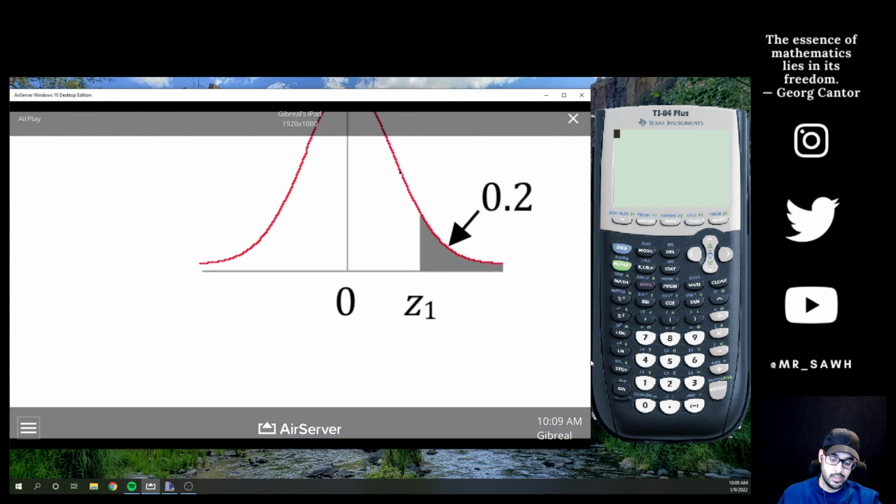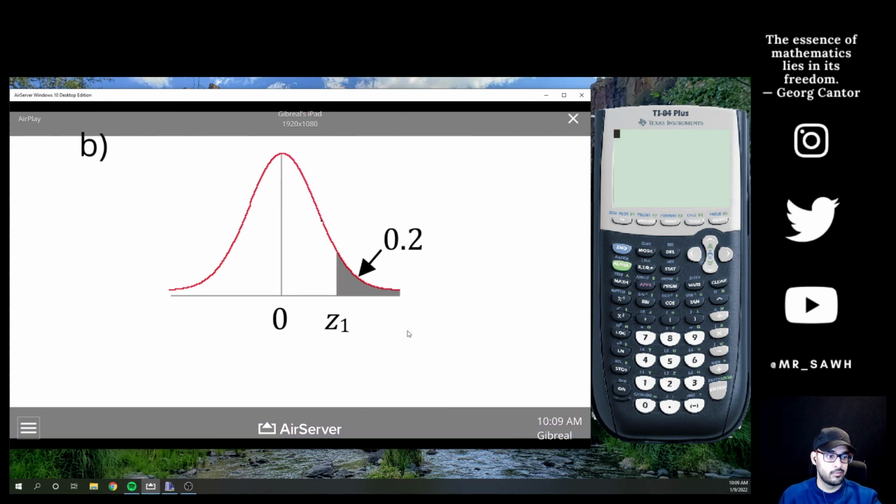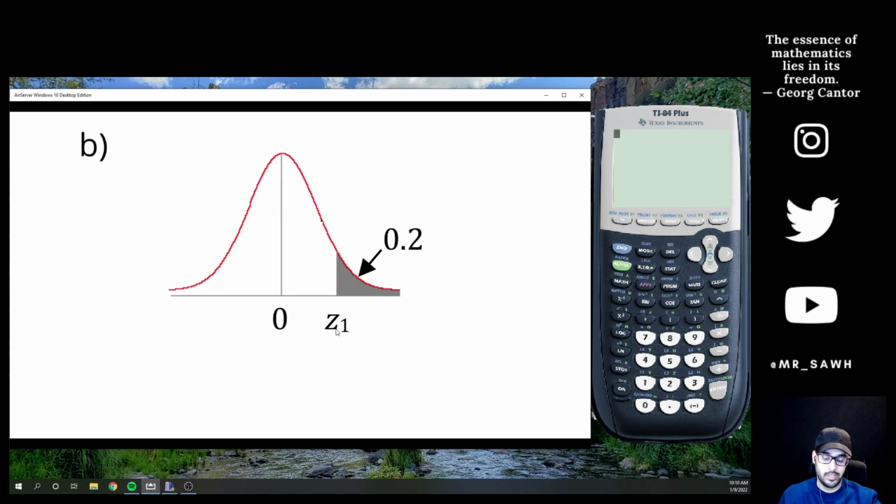B, however, is slightly different. So I'm still looking for this z-score boundary, except there's one issue. I need to have the area that's to the left of it. Right now I know the area to the right. Now if I know the area to the right is 0.2, the total area must be 1, so the area that's on the left side has to be 0.8 to make this possible.